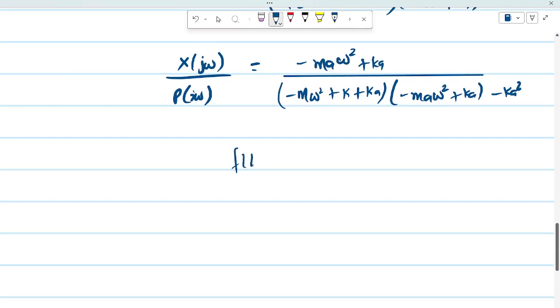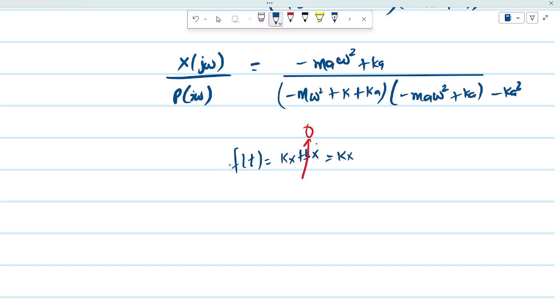So we have F of T, the transmitted force, equals to actually kx plus b x dot. But in case our damping is really small, this becomes 0. So the total transmission force is equal to kx. That's the transmitted force.